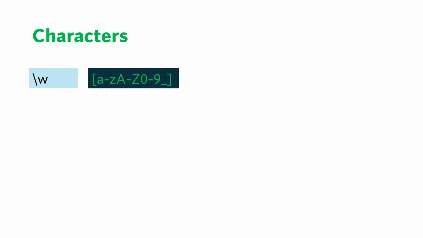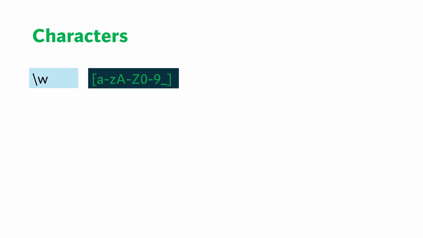Okay, so let's first explain what's happening here. The square brackets indicate a character class, meaning that it will match any character inside the square brackets. The hyphen indicates a range, that is, it will match any character, for example, a to z lowercase, and then A to Z uppercase letters, and then 0 to 9 decimal digits, and then the underscore.